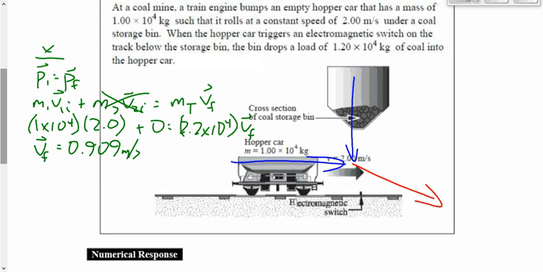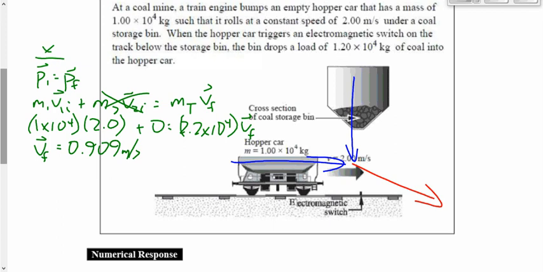When I examine only the horizontal, we have a hopper car with a certain amount of momentum, and then the coal goes in the hopper car and keeps moving horizontal. The only two objects involved in this horizontal collision are the hopper car and the coal. Coal adds more mass to it, so it should slow down, but otherwise it keeps going horizontally, right?